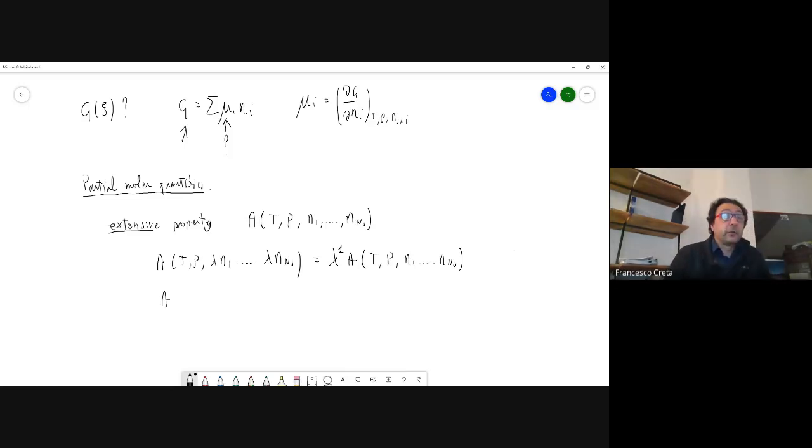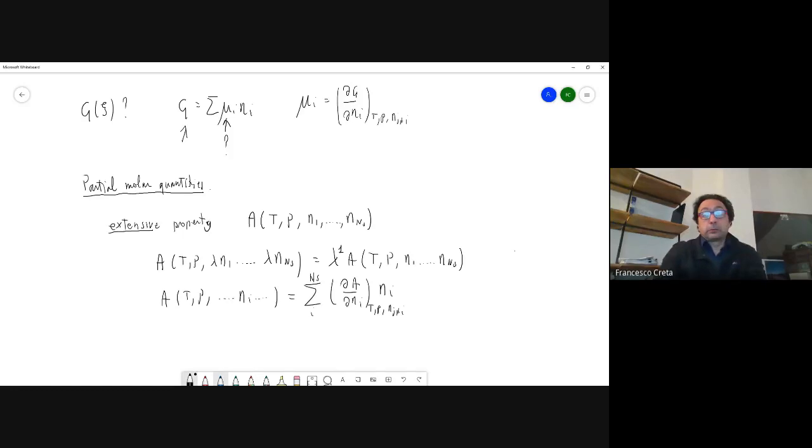And for this, we can also apply Euler's theorem, which says the following. So I'm just repeating everything we know for the property, the extensive property A. So that's temperature, pressure, and everything else but i being kept constant, and this is Ns.